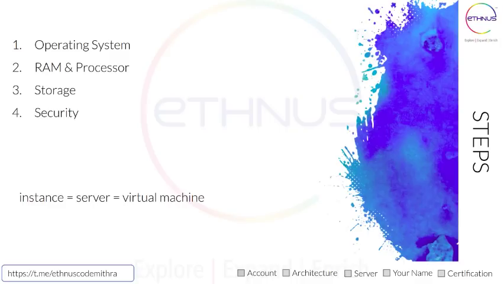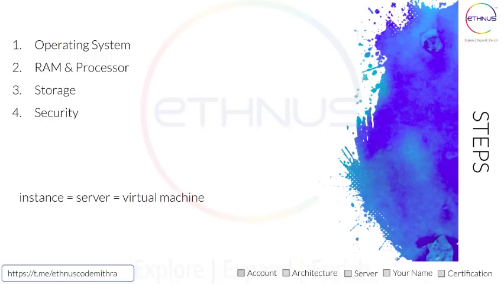Now third thing is about the storage. We have selected 8 GB of storage. That is good enough for running the entire application since it's a small scale application. Now fourth thing is we have two different things for security. One is the key pair that we have downloaded, that is the .pem file. We have that file. And also we have a port number which is open. The port number is 22.